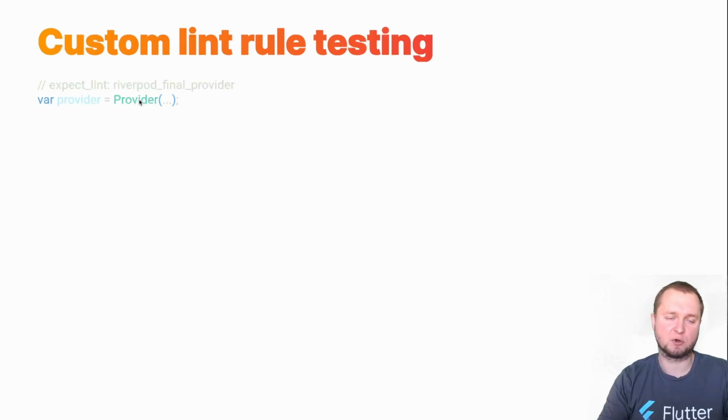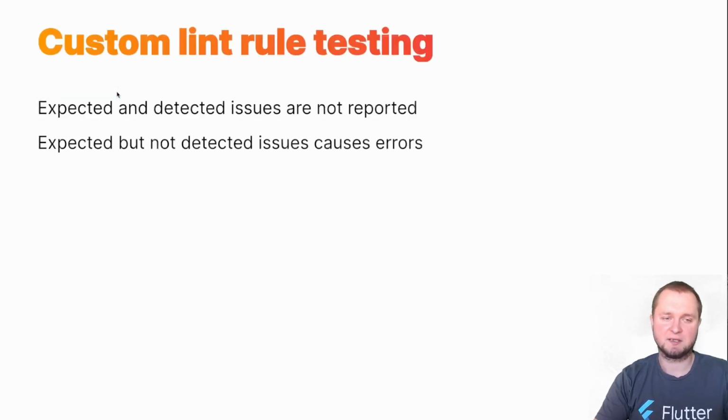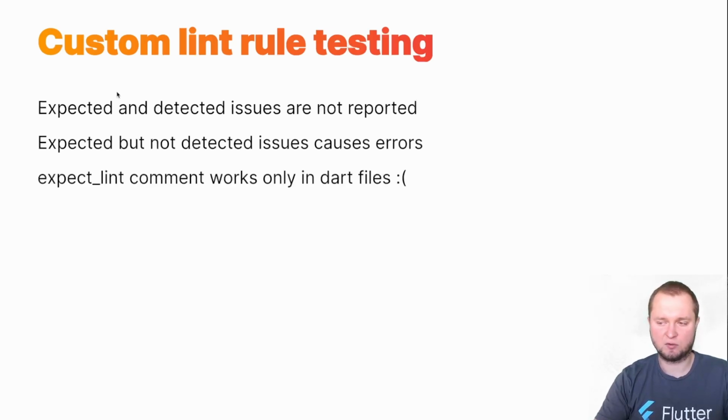It won't be reported to the analysis report, because if it will be reported, then the analysis step will fail. But we don't want to fail this whole analysis, we want it only to fail if this issue is not detected. So detected issues are ignored. Not detected issues, but expected, are treated as an error. This command works only in Dart files. There is no support for this mechanism in the ARB files or any other non-Dart.